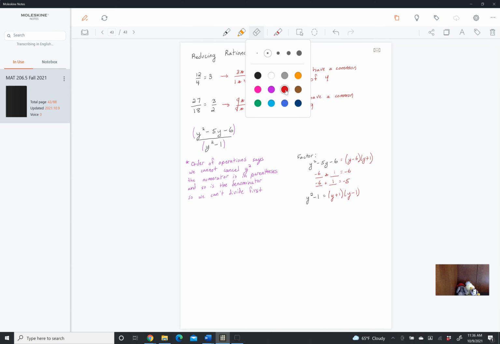This is a difference of squares. If you remember from quadratics, we said that a squared minus b squared is equal to a minus b times a plus b.